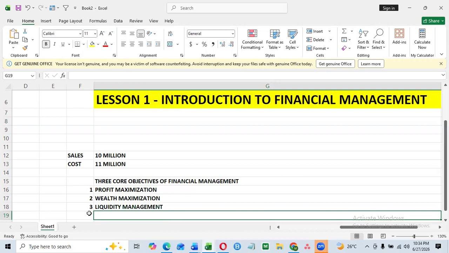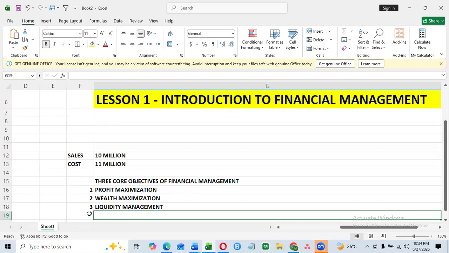Based on these results, here is what drugs to take. Based on these results, here is what habits you have to change. That's the main distinction between accounting and financial management, as well as an accountant and a financial manager. I hope we understand.